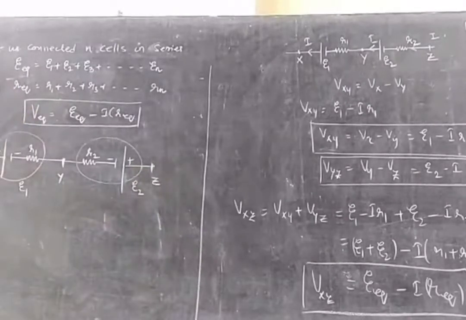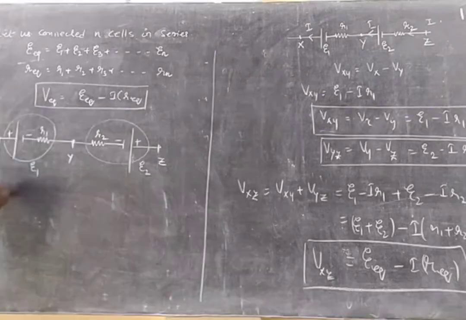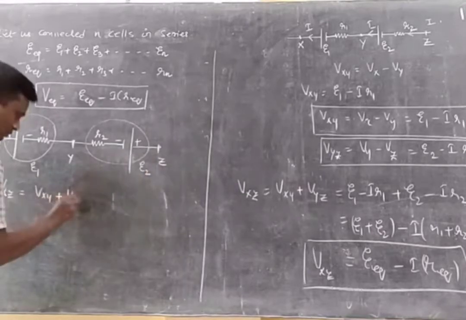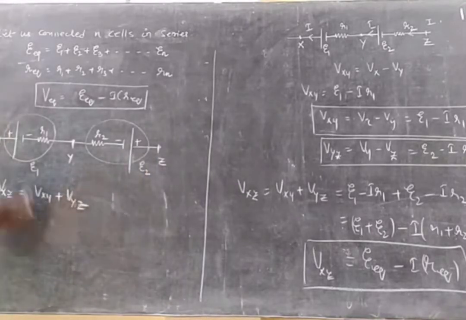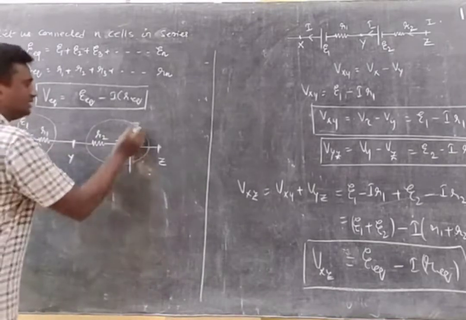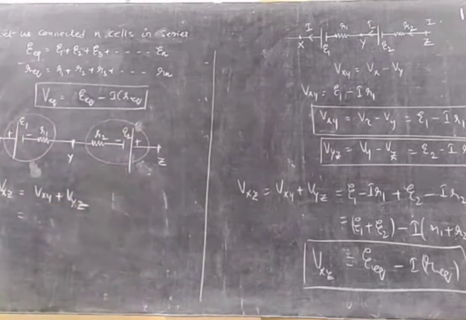Now try to find the potential across XZ. The potential across XZ can be written as V of XY plus V of YZ, right? So look here. This is E1. Let us suppose this is E2.